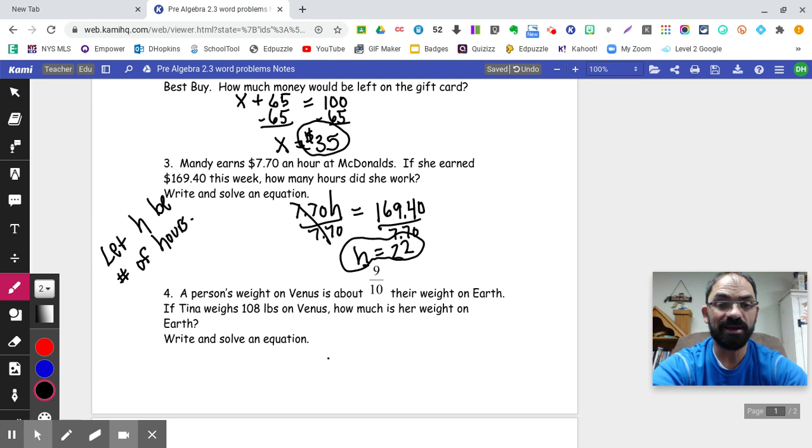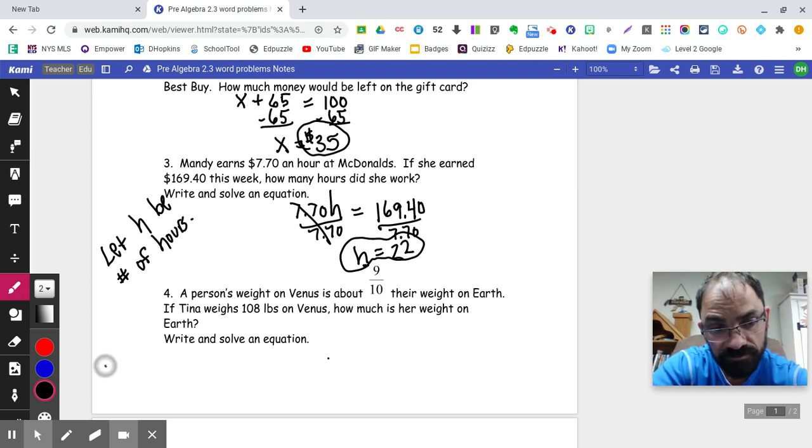Number 4. This is a tricky one. A person's weight on Venus is about 9/10 their weight on Earth. If Tina weighs 108 pounds on Venus, how much is her weight on Earth? So in that very first sentence, a person's weight on Venus is about, so we know something about Venus. What we don't know is Earth. So let E be Earth.